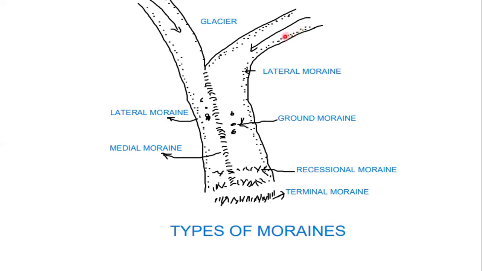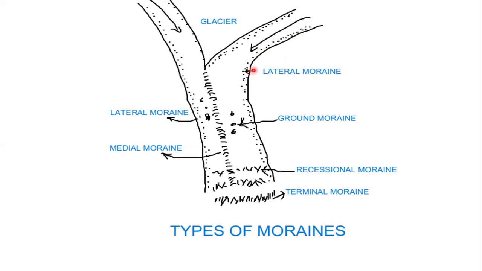Moraines are heaps of deposits. There are different types of moraines. Number one type is lateral moraine.